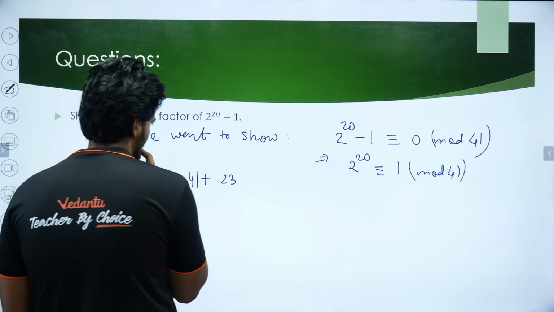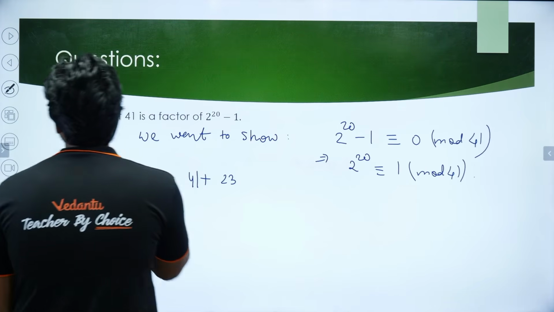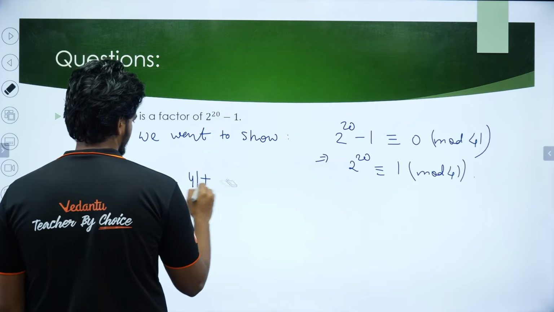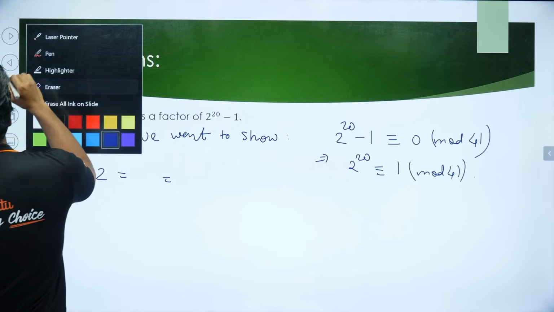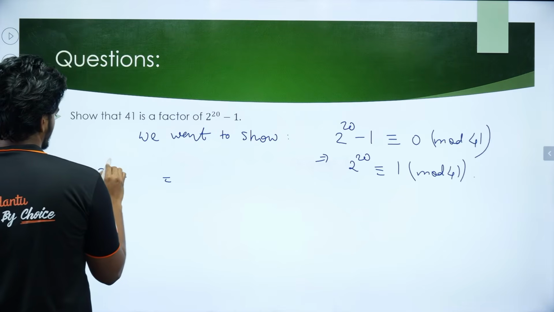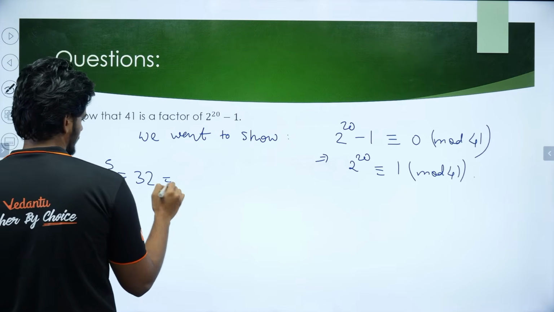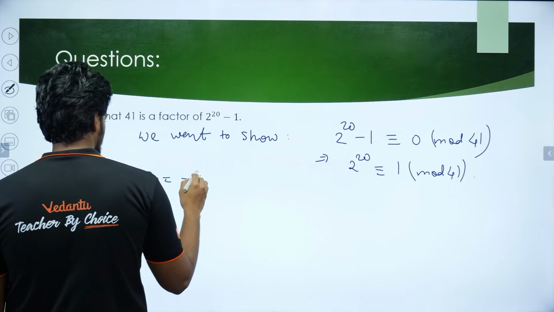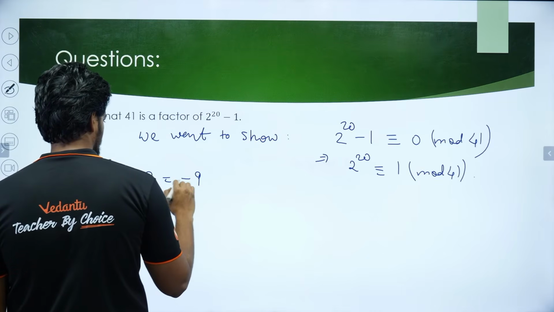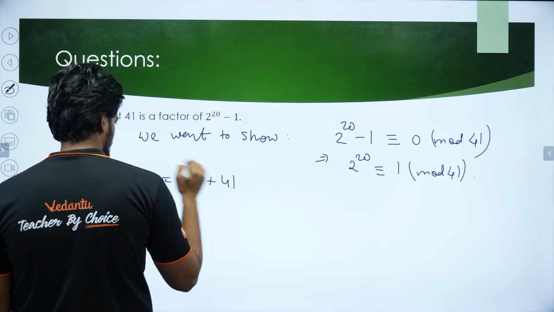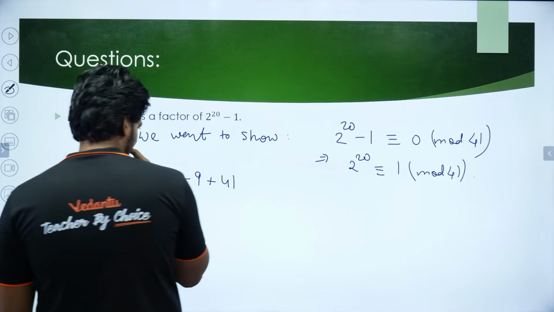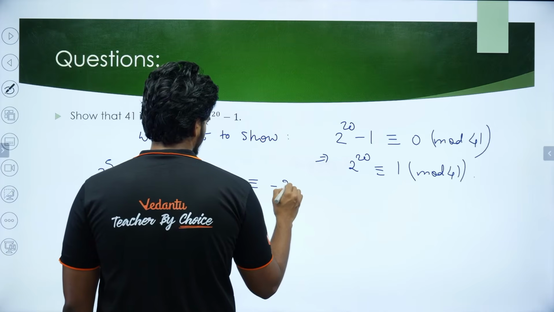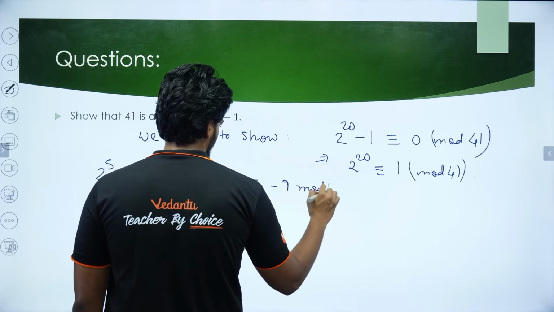Okay, maybe something simpler. Maybe 5 we can take. 2 power 5 is 32, which is 41 minus 9. So this is congruent to minus 9 mod 41.